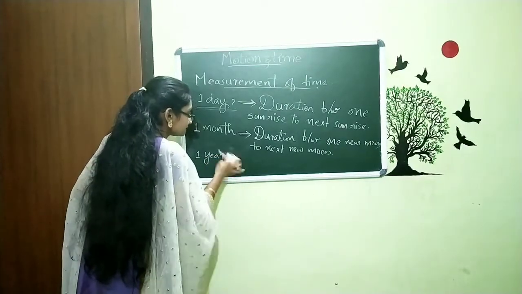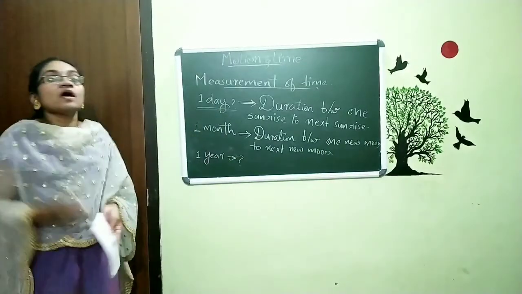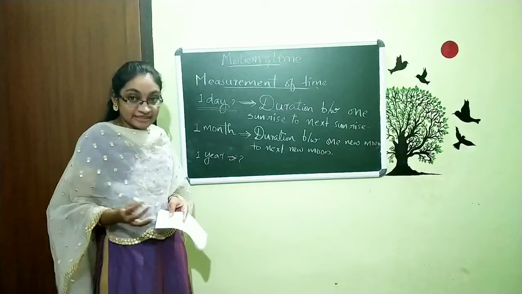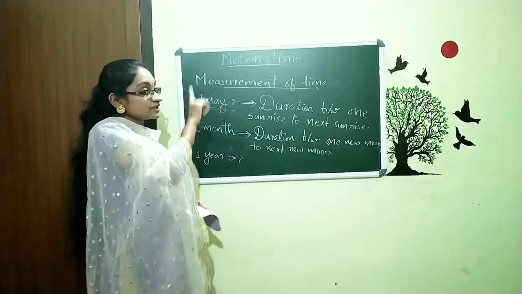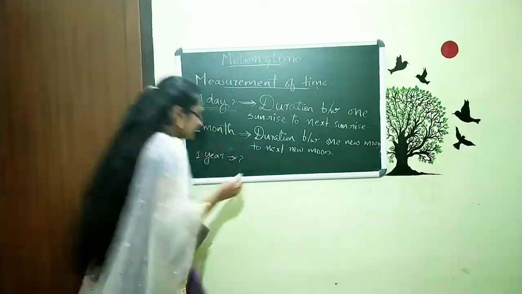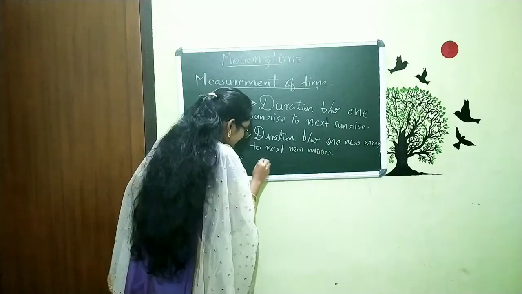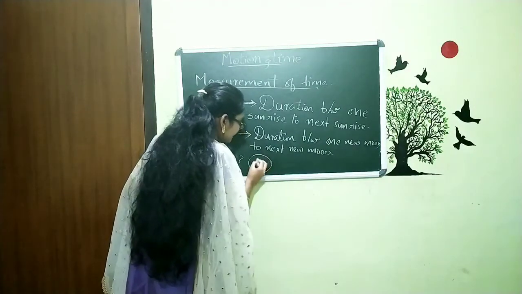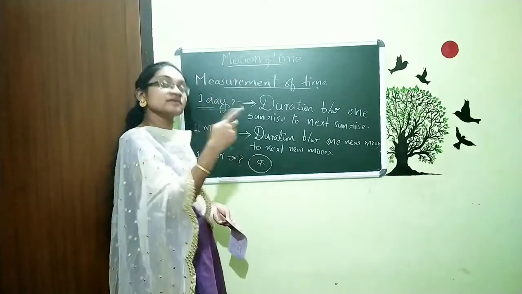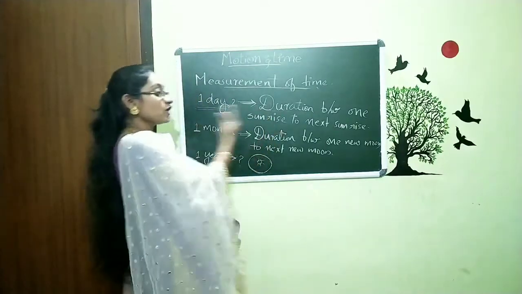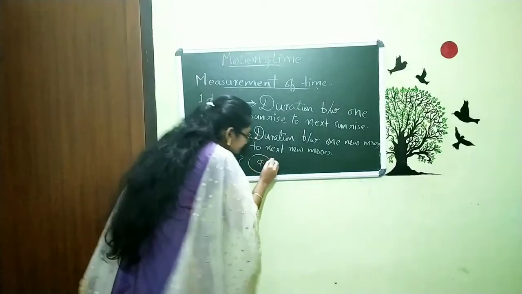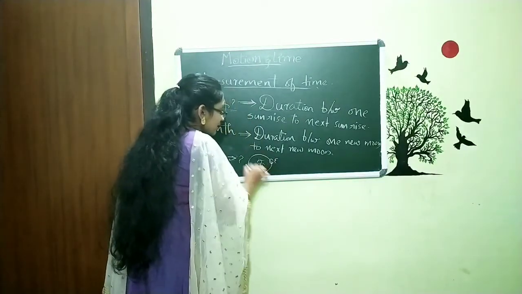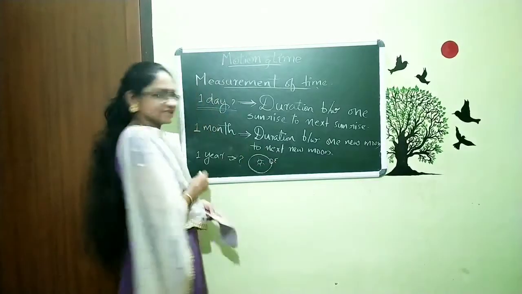What is this? 1 year is very simple. It is the time taken by the earth to revolve around the sun. That is, we know the sun is at the center, and our earth is rotating on its own axis and revolving around the sun.